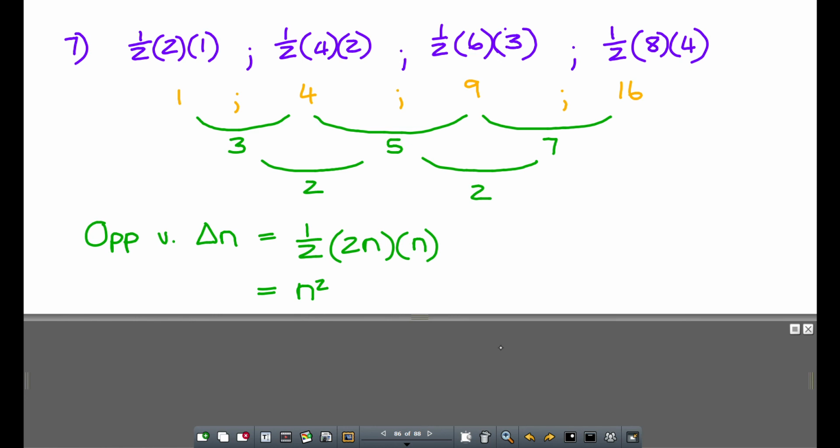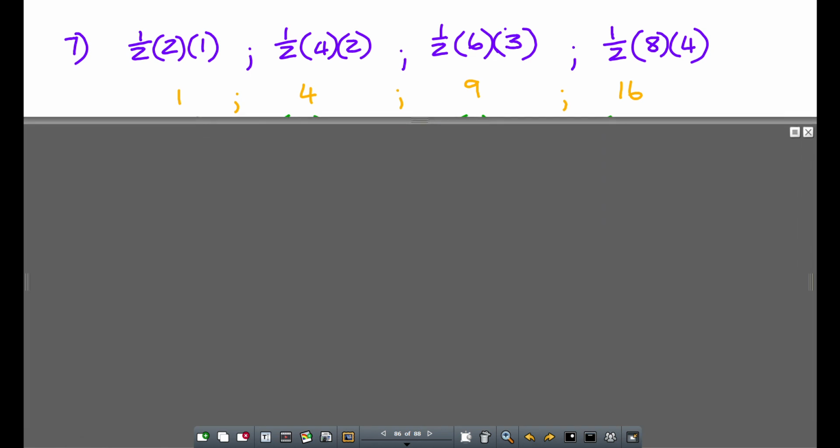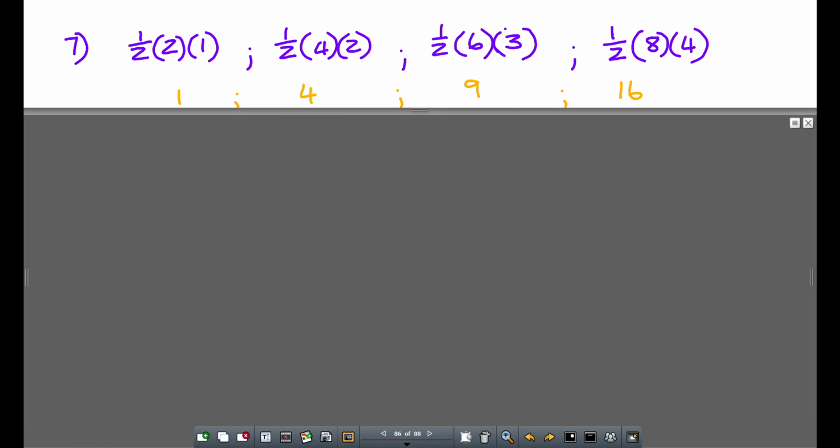Nou vra hulle vir my by 7.2, watter soort ry word deur die oppervlaktes van hierdie driehoeke gevorm? So they want to know what type. So what I did is, if I simplify that, half maal 2 geef my 1, maal 1 geef my 1. Half maal 4 geef my 2, maal 2 gives me 4.